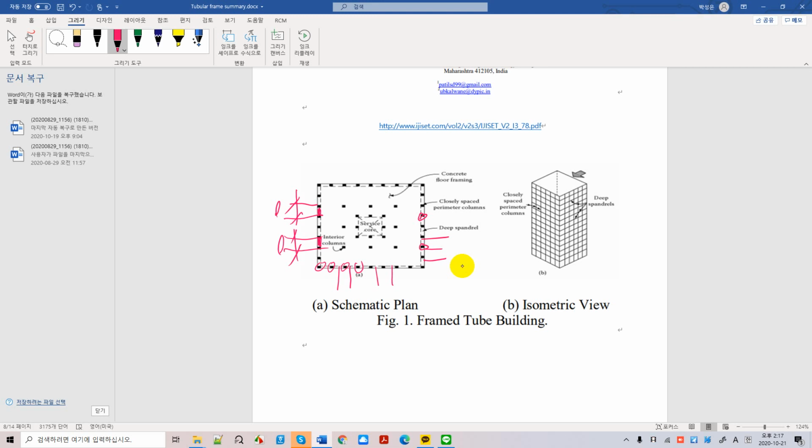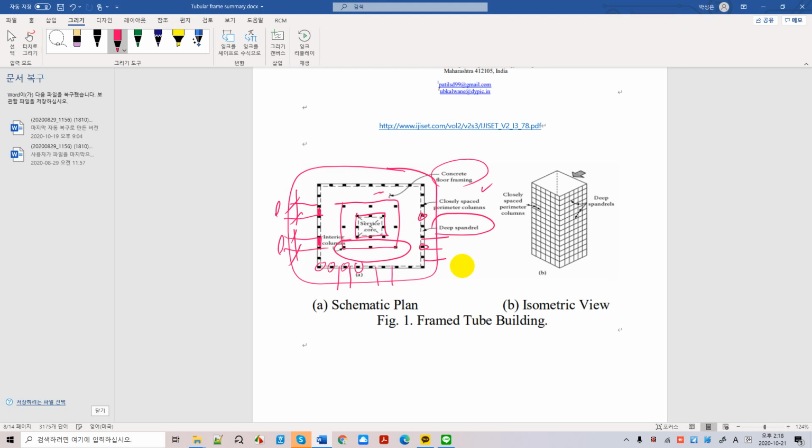And this is a concrete floor framing and it has closely spaced perimeter columns here all the way, and it has deep spandrel beams. And we still have interior columns. We can have a tube inside again here, tube inside, and this is core.